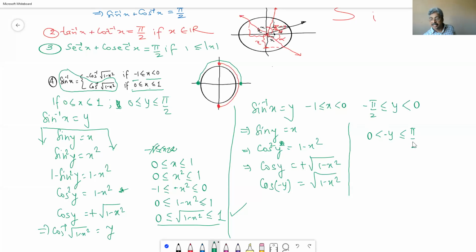Minus y is in the desired zone, and therefore I can take minus y is equal to cos inverse of radical 1 minus x square, which makes it y is equal to opposite of cos inverse radical 1 minus x square, which is our second result when x is between minus 1 to 0.